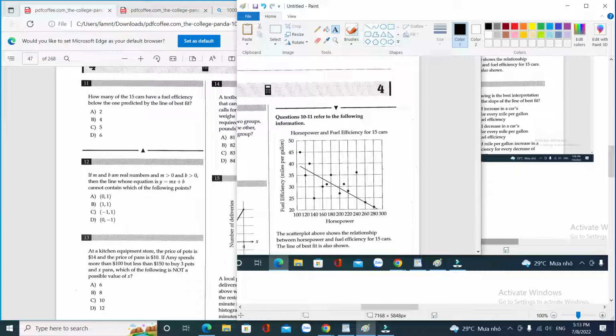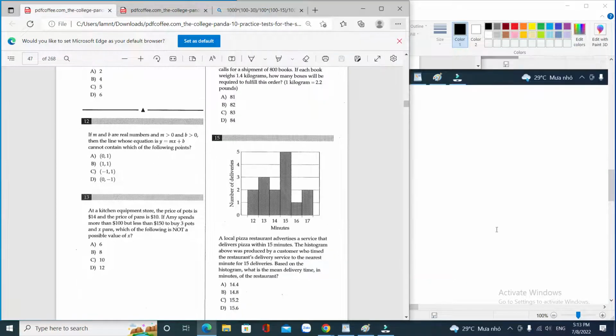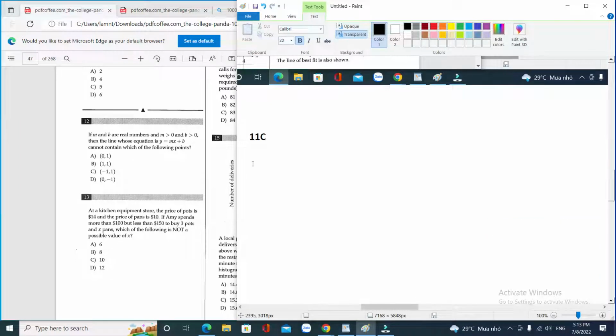Alright, let's do number 12. We have y equals mx plus b, where m is bigger than 0 and b is also bigger than 0. Then the line cannot contain which of these points?